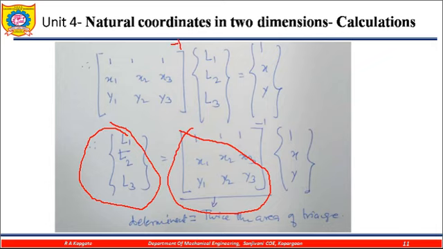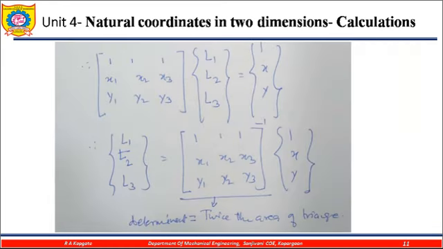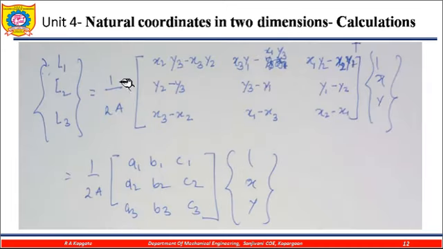Now by solving this, L1, L2, L3 is equal to 1 upon the determinant. Whatever determinant we have calculated from this is equal to twice the area of the triangle. This is already mathematically proved. That's why I am directly writing here L1, L2, L3 is equal to 1 upon 2A.